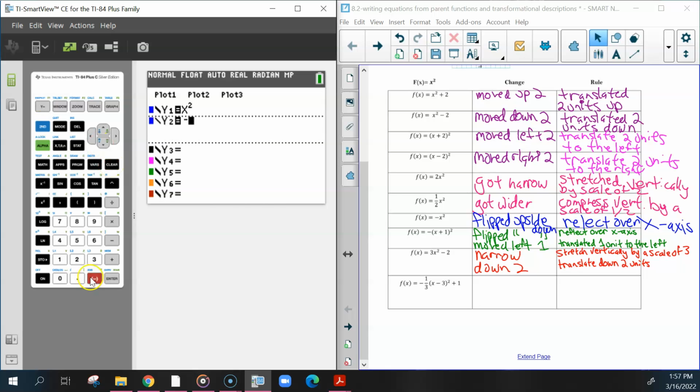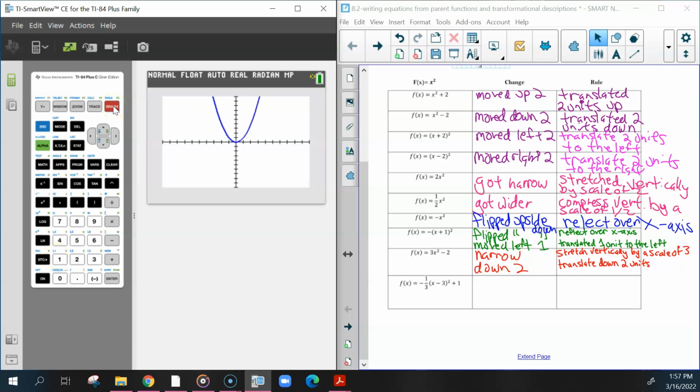So we have negative 1/3, and then in parentheses, x minus 3, squared, plus 1. Take these one thing at a time. This got wider. It was flipped upside down. It was moved to the right. And it was moved up.